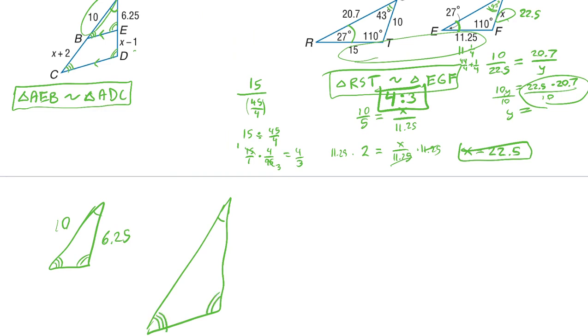When we talk about that, we'll notice that this is actually, what's the side of this triangle here? Well, you add those two segments together. So this is x plus 2 plus 10. And what's the side on the right? It's x minus 1 plus 6.25.